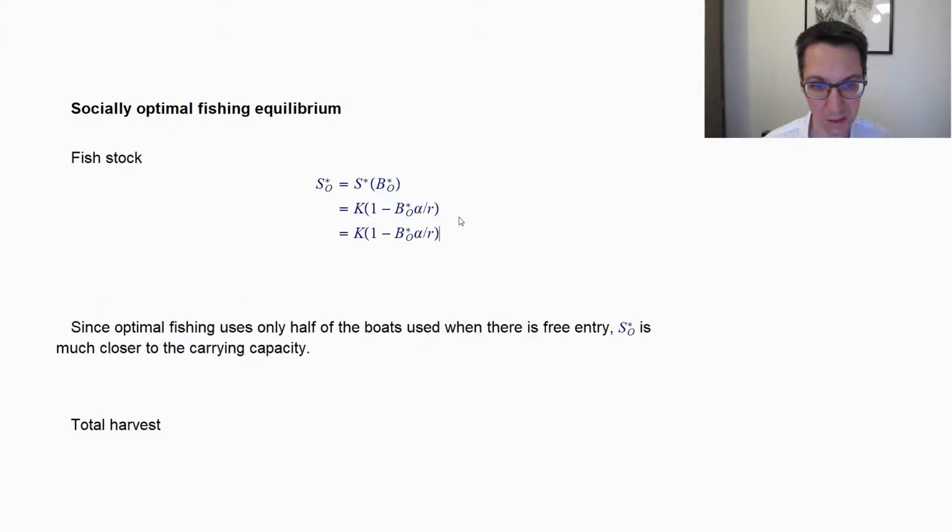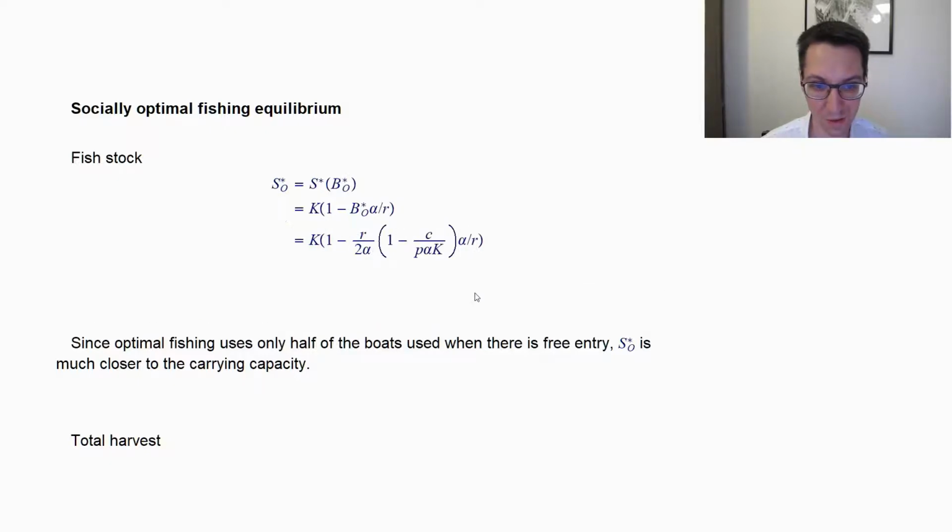And now what we can do is substitute the optimal number of boats, which is this expression that we just found in the previous video: R over 2 alpha multiplying 1 minus C divided by P alpha K.